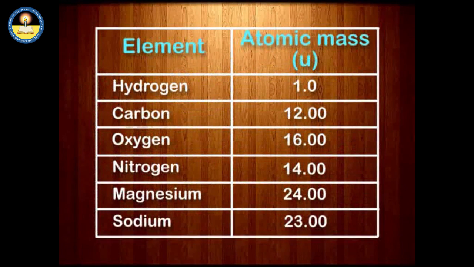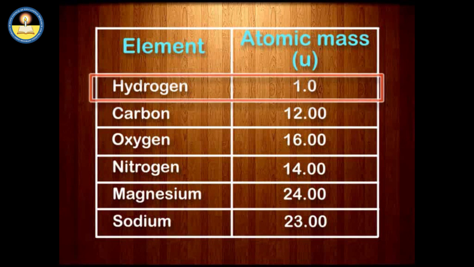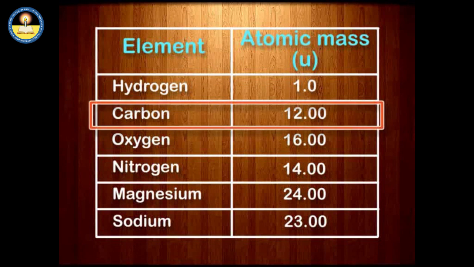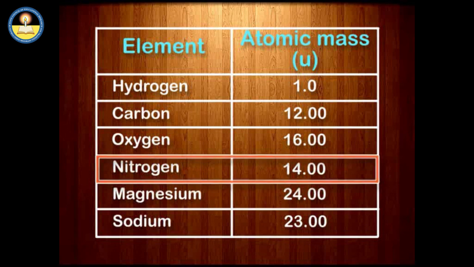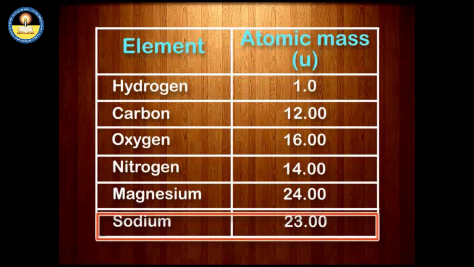Let us have a look at relative atomic masses of some elements. Element, atomic mass in u: hydrogen, 1; carbon, 12; oxygen, 16; nitrogen, 14; magnesium, 24; sodium, 23.